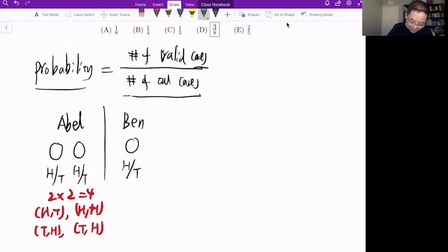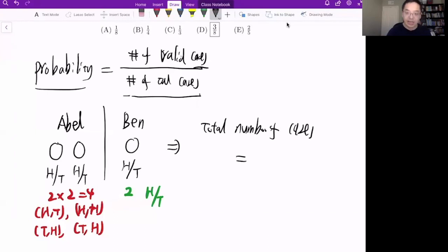Ben has only 2 scenarios, head or tail. So the total number of cases, by the multiplication principle, is 4 times 2, which is 8, because Abel has 4 situations and Ben has 2.